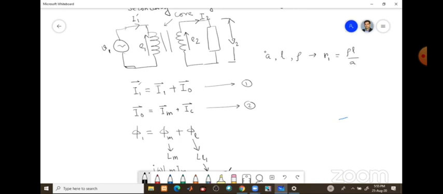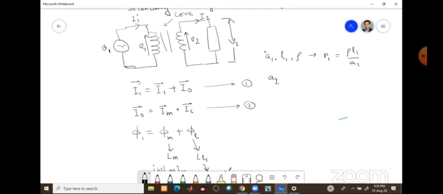We can also use the subscript 1 for the primary, so R1 equals rho L1 by A1. Similarly, the coil we have used for the secondary will also have some cross-sectional area, which will be different from the primary.